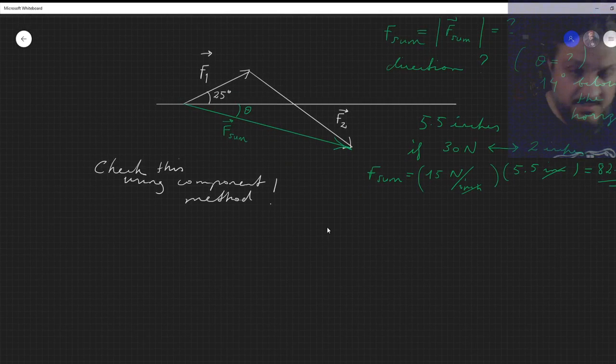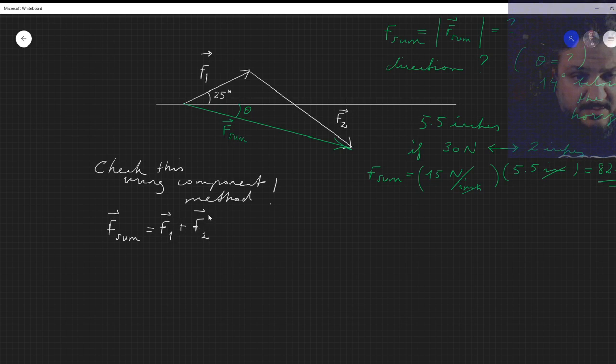What is the component method? Let's remember, if I can write the sum like this using the vector notation, it is a vector equation. And remember, every vector equation contains two equations. We're in 2 dimensions, so it contains 2 equations in it.